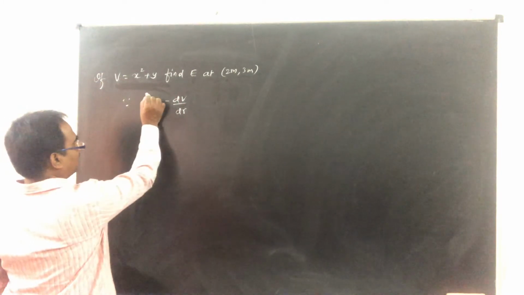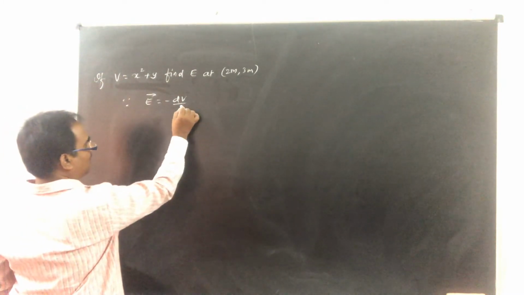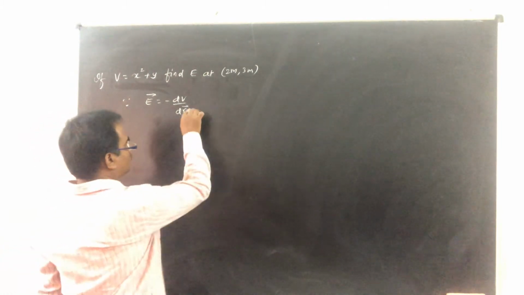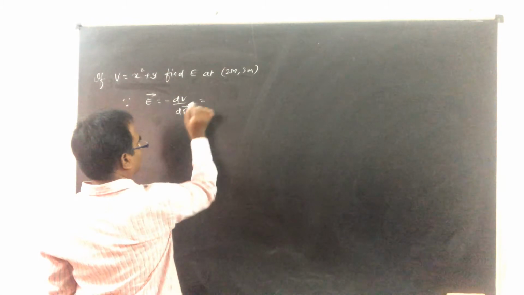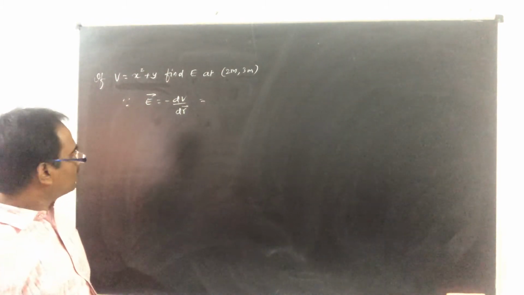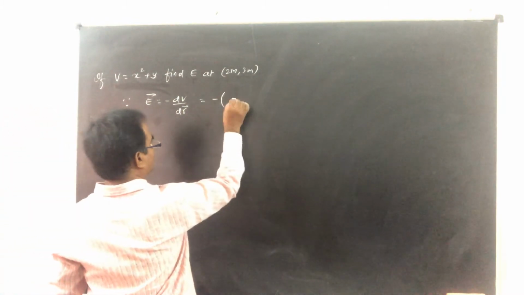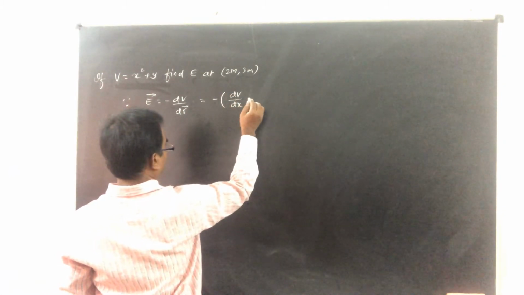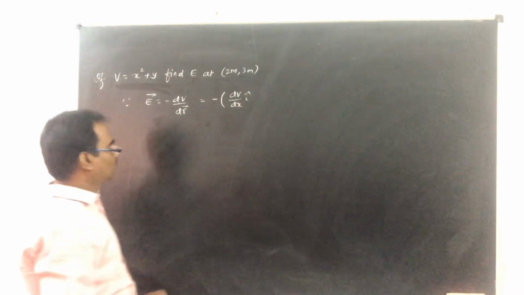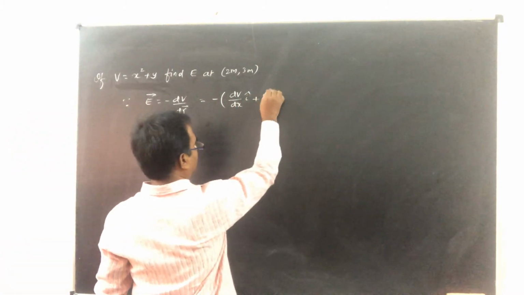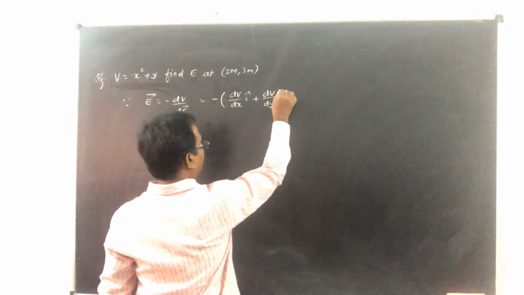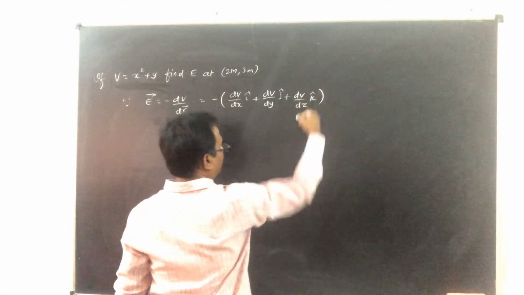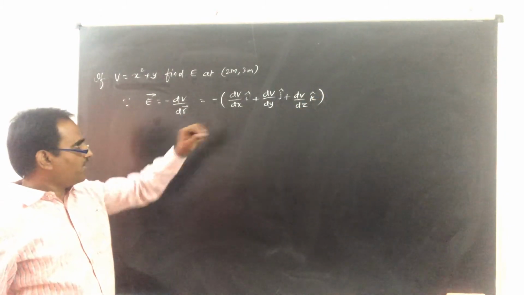So actually this is a vector and this r is the position vector. So this equation can be written as minus of dV by dx i cap plus dV by dy j cap plus dV by dz k cap.